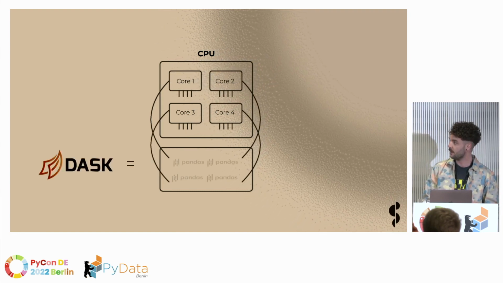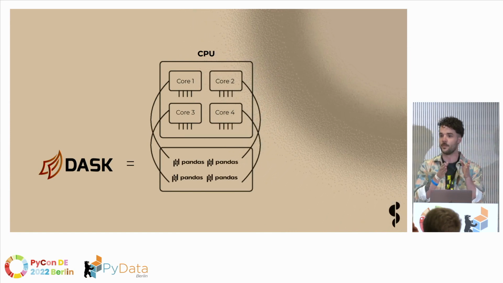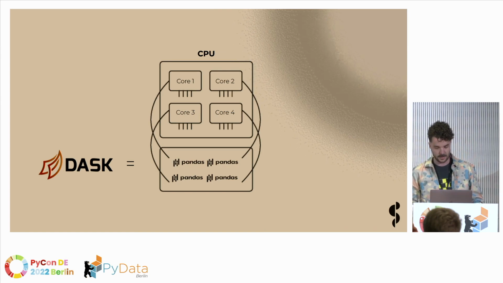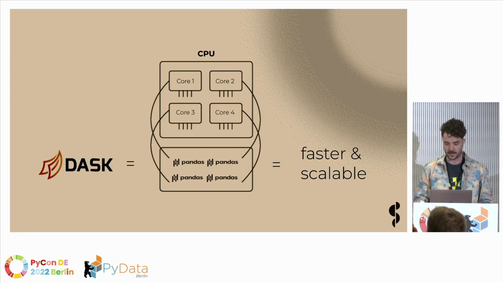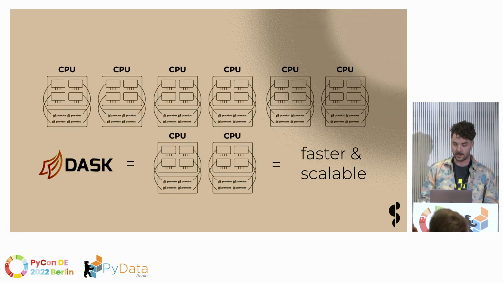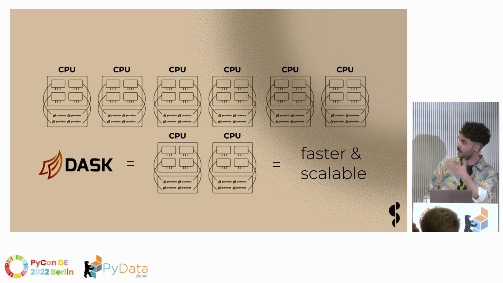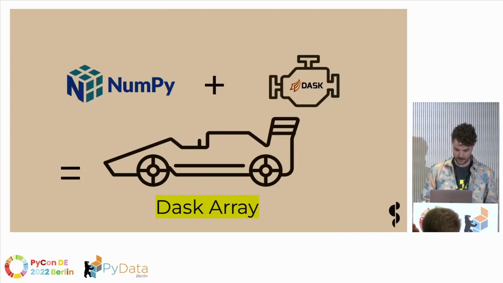And Dask will take a large Dask data frame, cut that up into smaller pandas data frames, and each pandas data frame will be processed on a separate core in parallel. That's great, if you're scaling up to all the cores in your machine. It can be even greater if you scale up to multiple workers in a cluster, and scale up potentially infinitely.